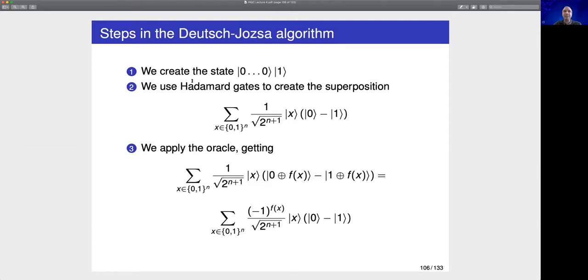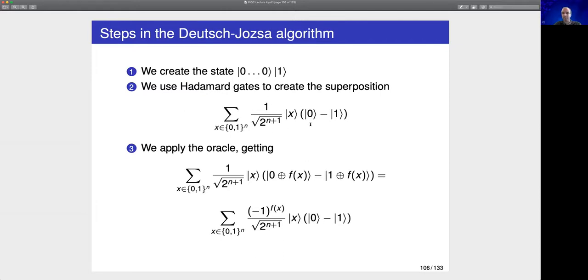Then we use Hadamard gates to create a superposition. We already know that if we apply Hadamard gates to this part here, we obtain the superposition of all the possible strings on n qubits. Then if we apply the Hadamard gate on this qubit, which is in state 1, we obtain the minus state, and we collect all the normalization factors in this coefficient here.